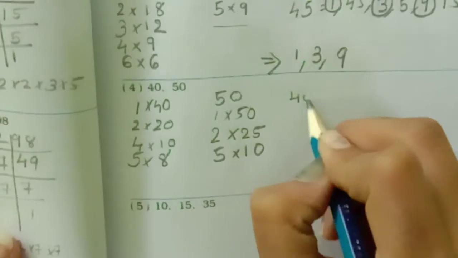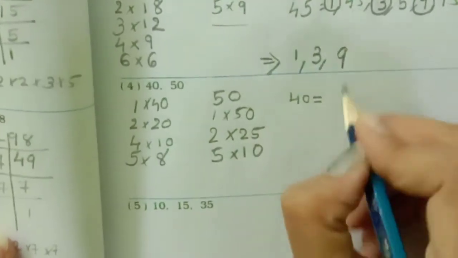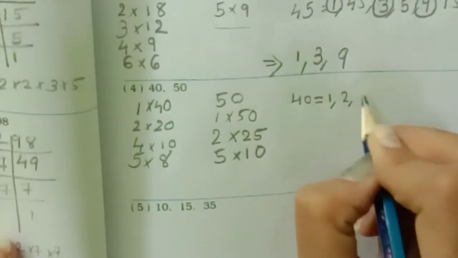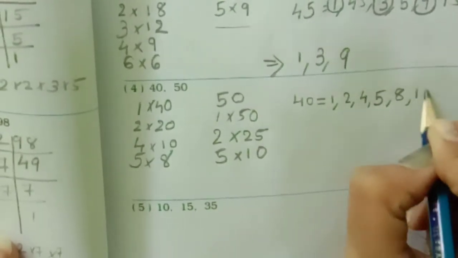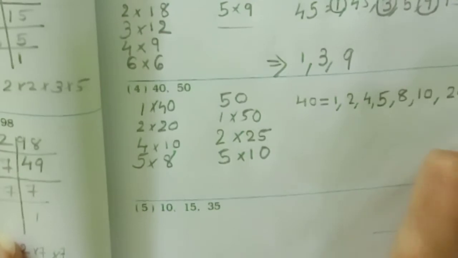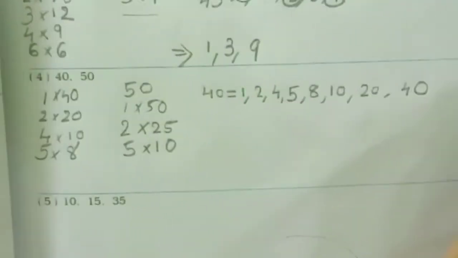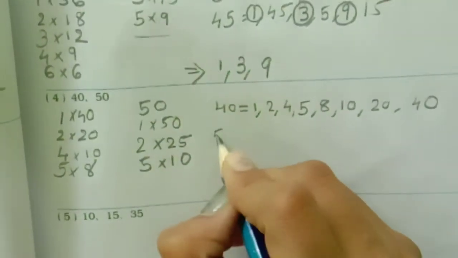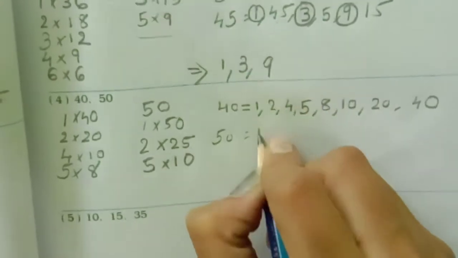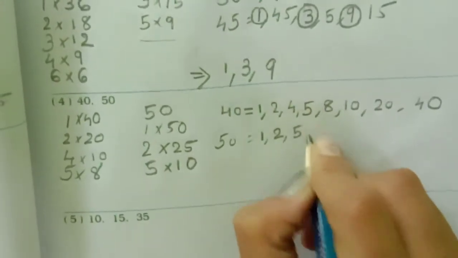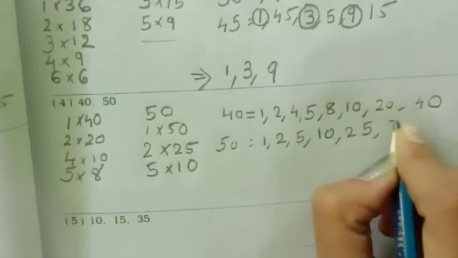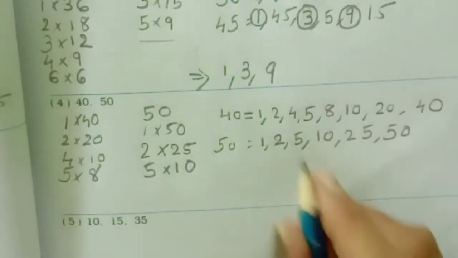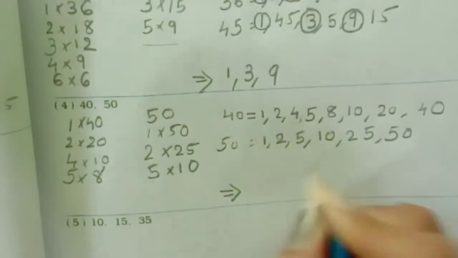So we will write here the factors of 40: 1, 2, 4, 5, 8, 10, 20 and 40. And factors of 50: 1, 2, 5, 10, 25 and 50. Now we will write the common factors.